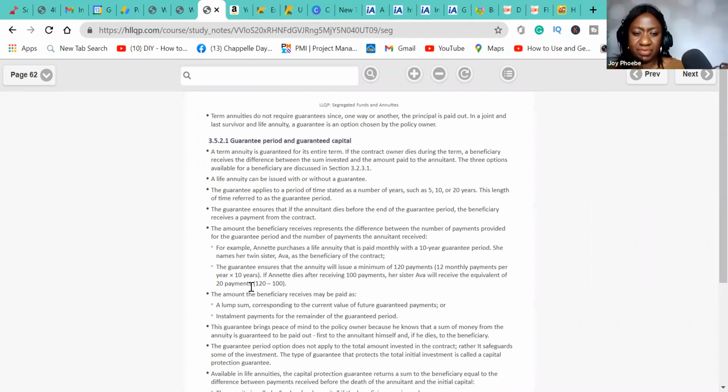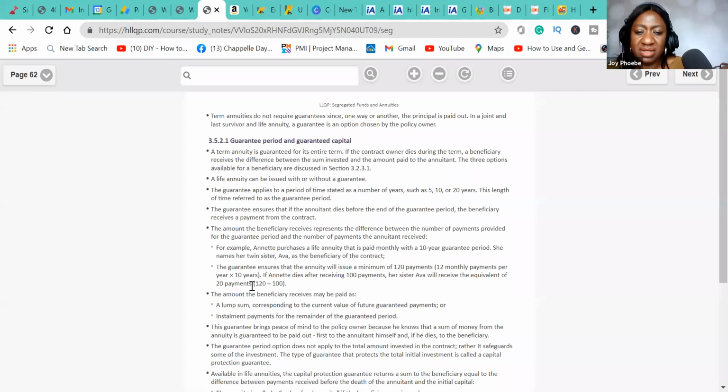For example, Annette purchased a life annuity that is paid monthly, guaranteed for a 10-year period. She names her twin sister, Ava, as the beneficiary of the contract. The guarantee assures that the annuity will be issued a minimum of 120 payments, 12 monthly payments per year, multiplied by 10.